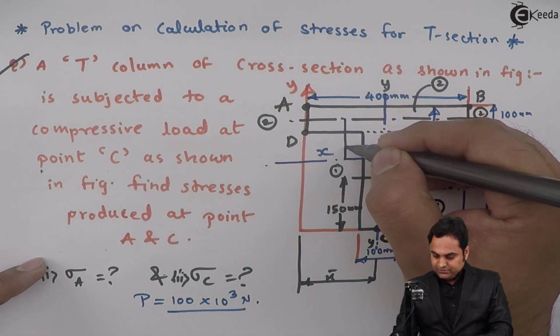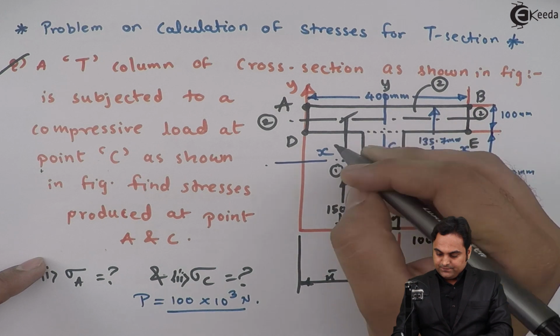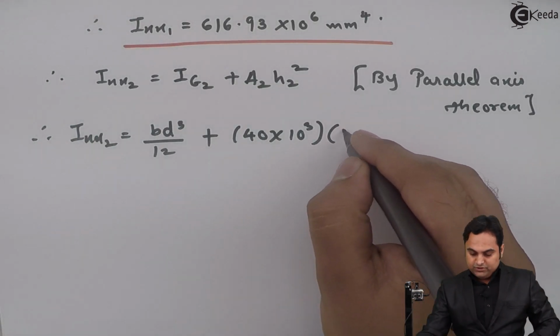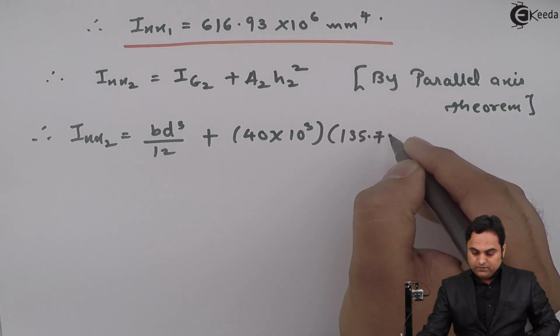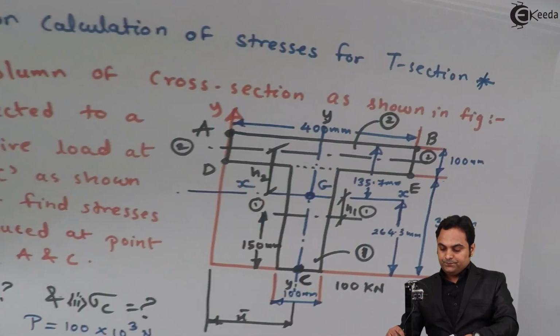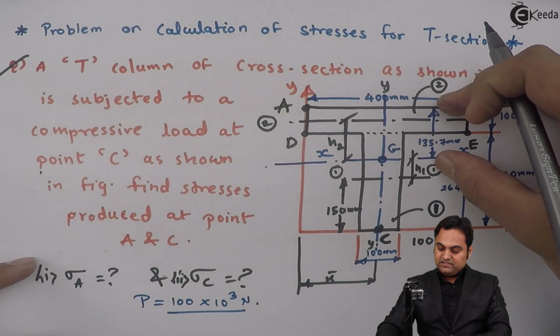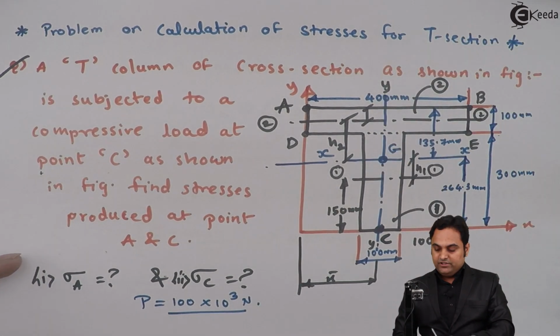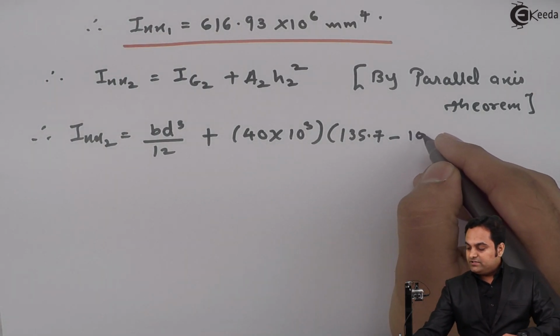So the distance between the two axes, that is h2, is 135.7 minus, from 135.7 I'll subtract half of 100, so minus 100 by 2.